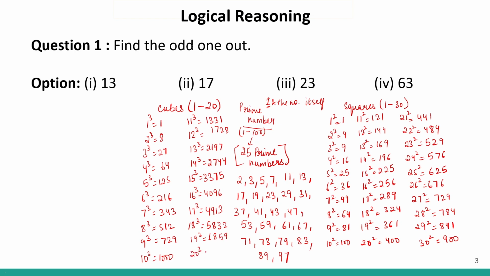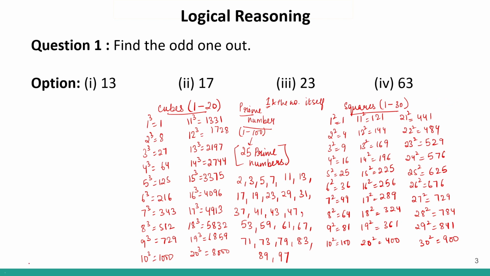And 20 cube is 8000. So this much information of cubes, prime numbers and squares you should remember. Okay, so just take a minute and note these down.